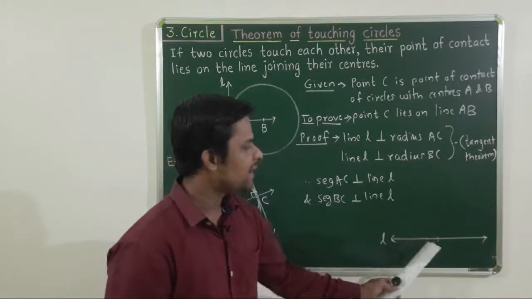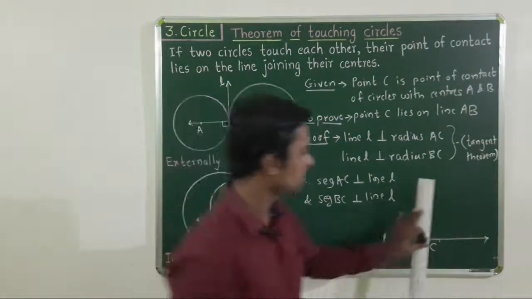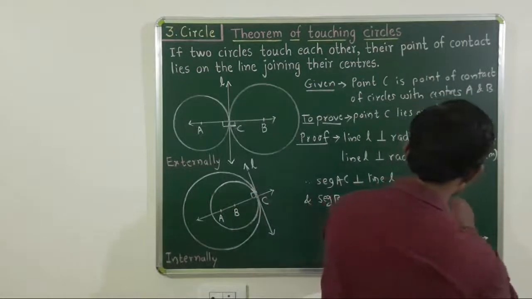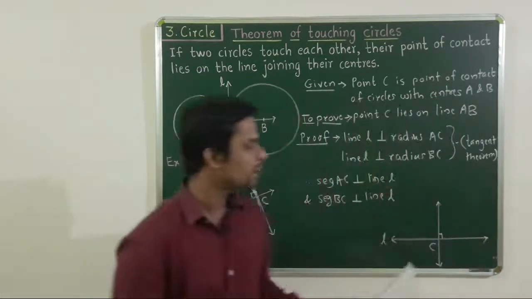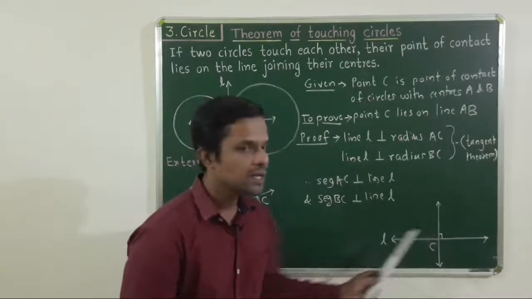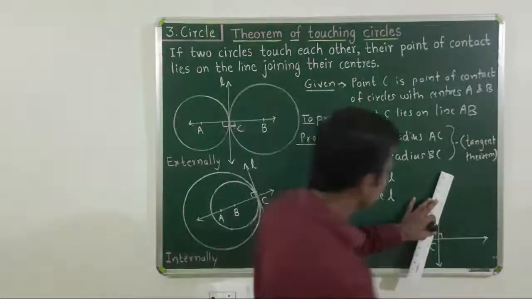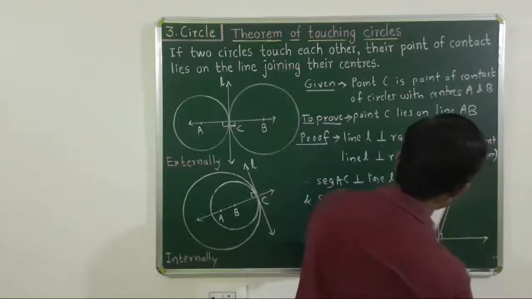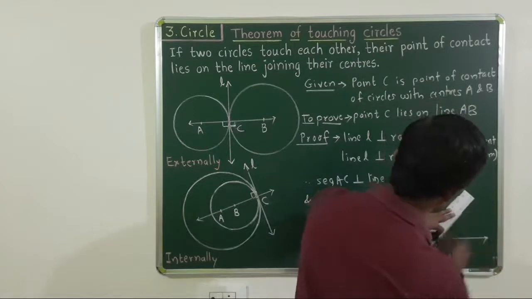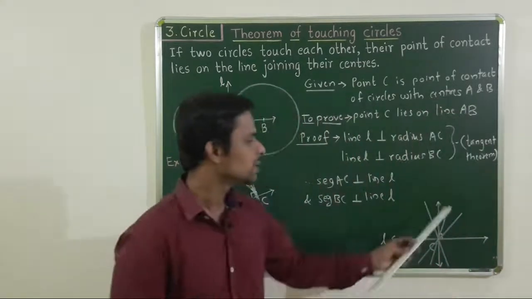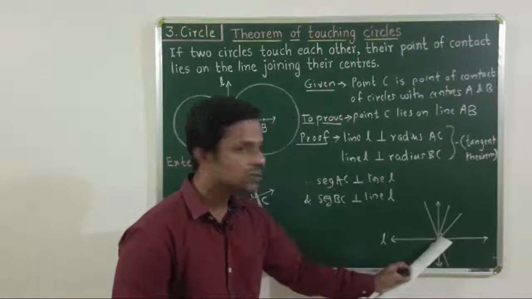Is there only one or more than one? There is only one perpendicular to the line L passing through the same point.